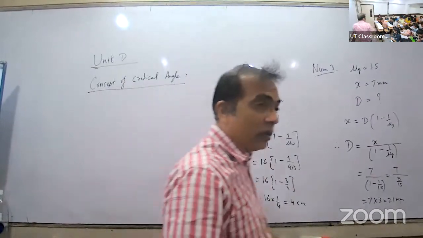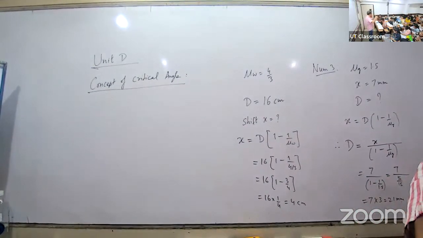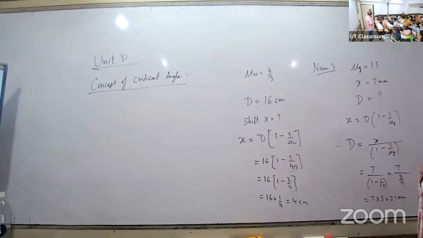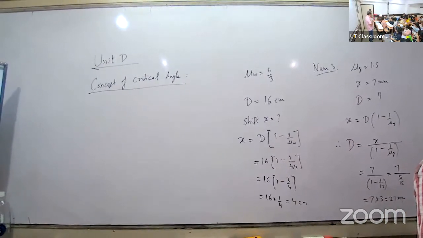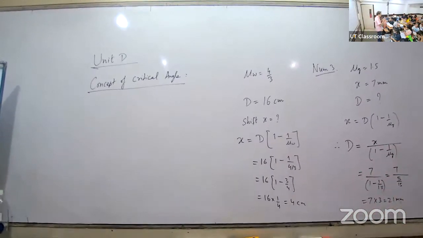देखो, so far अभी तक हमने कौन सा वाला केस स्टडी किया है? Light traveling from rarer to denser. For this unit, light is traveling from denser to rarer.